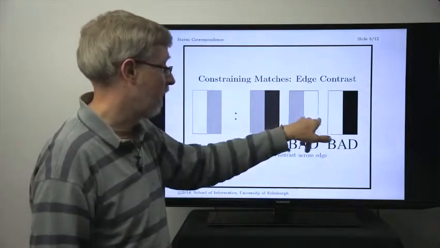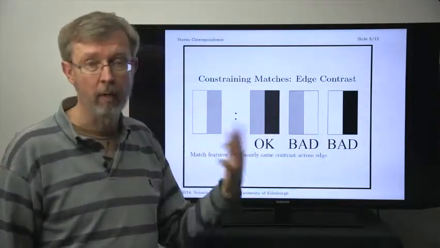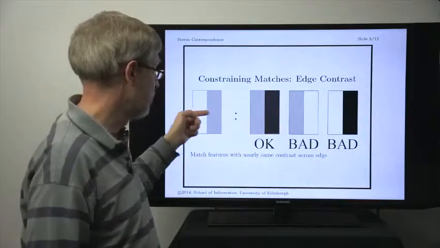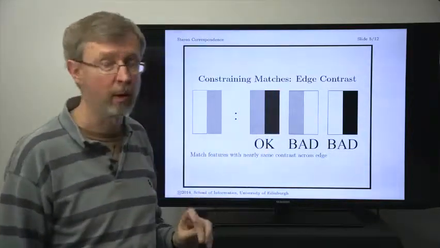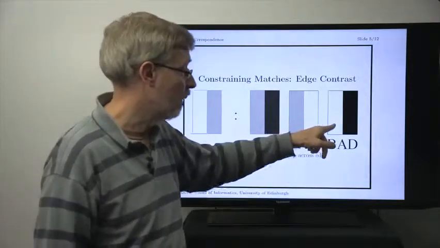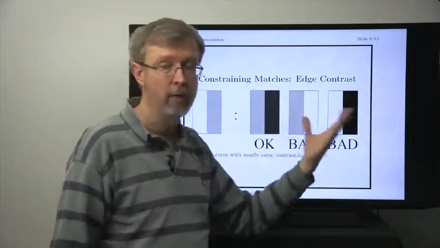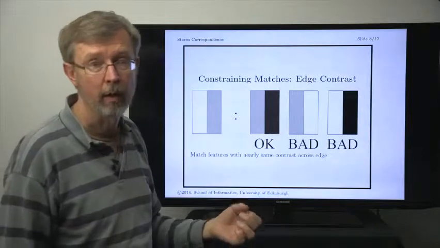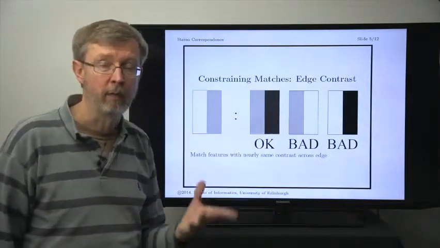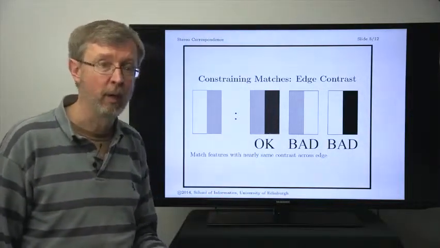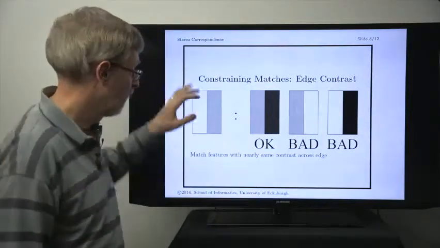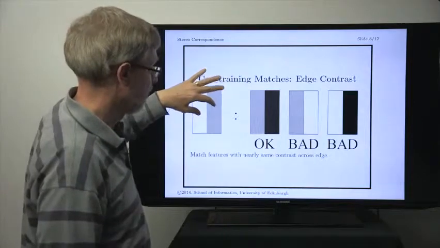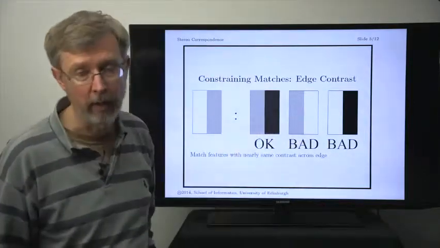Here the values are exactly the same as before, but the contrast is wrong. Here it goes light to dark as you go from left to right. Here you go from dark to light, so that's the wrong way. And here we do go light to dark, but the range is much too big. It just seems unlikely, if your cameras are more or less set up the same, that you would have that same sort of contrast. Anyway, we're going to expect this kind of relationship, and those that don't match we can again eliminate.